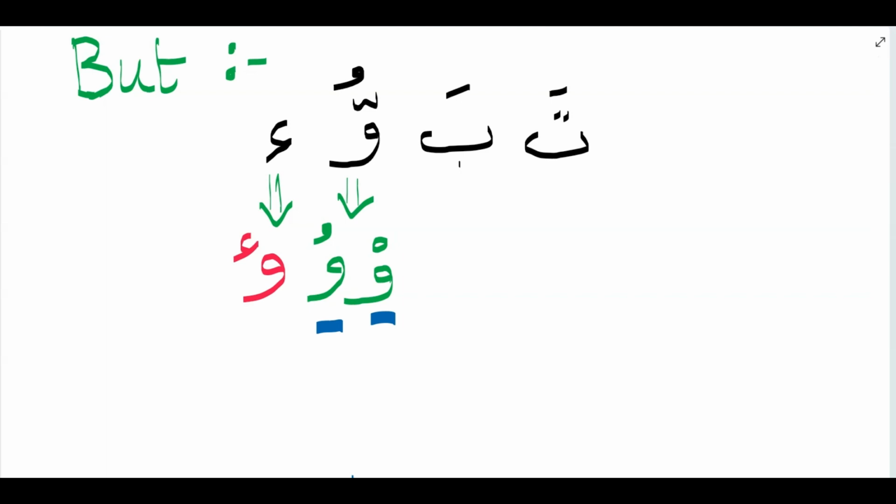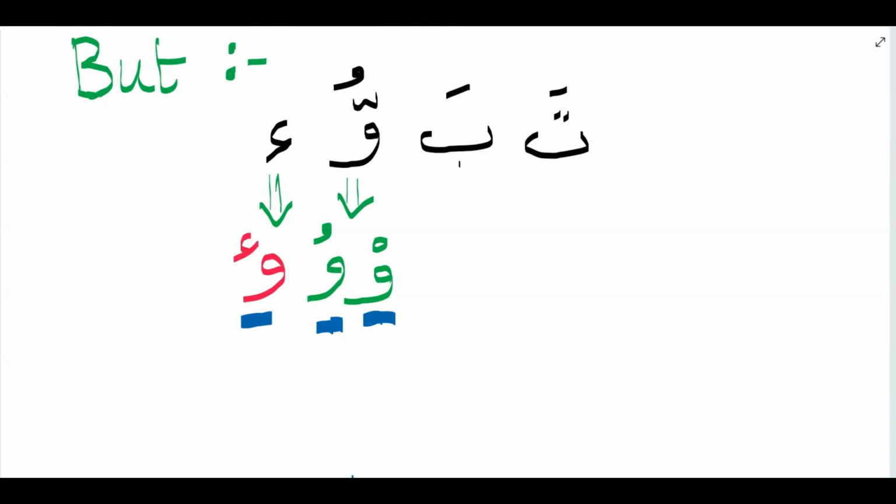The first one with the sukoon and the second one with the dhamma, because you're saying tabawu, tabawu. So you're having like two wows, two in one, okay? And if you add the hamza right here on the waw, look how not very appealing this would be. It's like three wows, just one after the other.